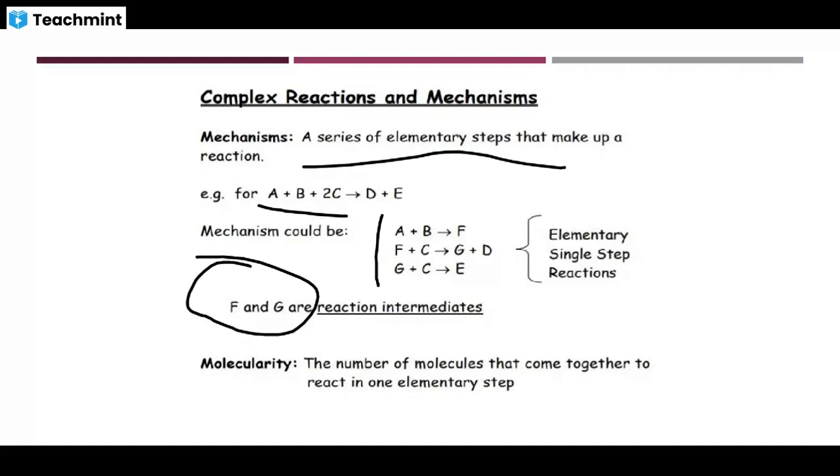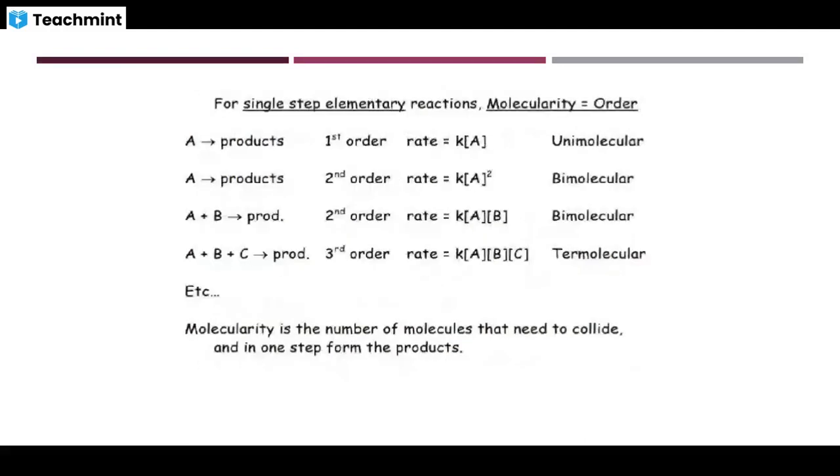Molecularity is the number of molecules that come together to react in one elementary step. Molecularity is different from the order of the reaction. Order is for the overall reaction, whereas molecularity is for a single elementary step. Here the molecularity is 2, A and B. For a single elementary step reaction, molecularity equals order.